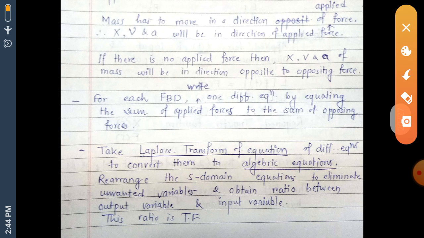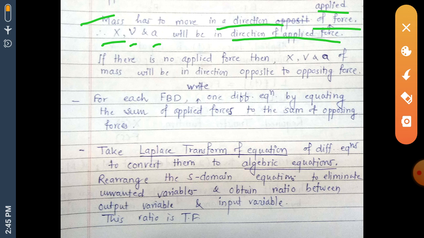Next, the mass has to move in the direction of application of the force. The direction in which the force is applied, in that direction only the object will move. Let small x, small v and small a be in the direction of the applied force.